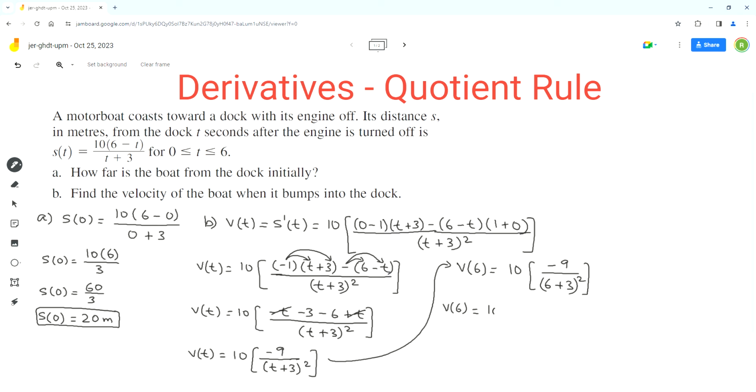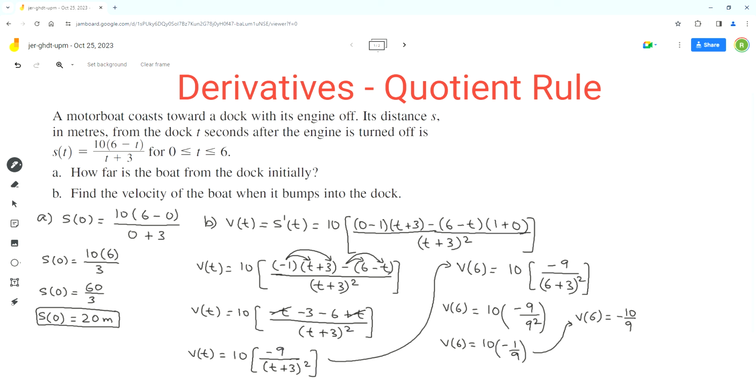So 10, and then in the denominator, we get 6 plus 3, which is 9, so we get 9 squared. Now we can simplify the fraction by cancelling out, so we get 10 times negative 1 over 9. Now we have to multiply the terms. So v(6) is equal to negative 10 over 9.